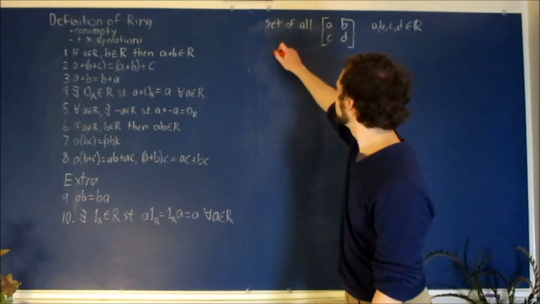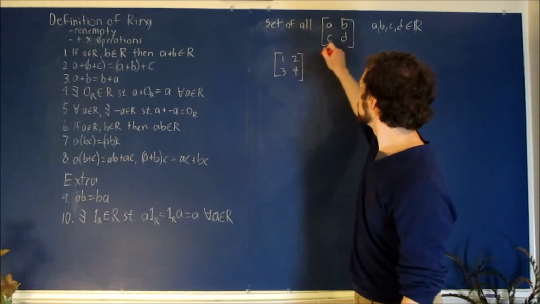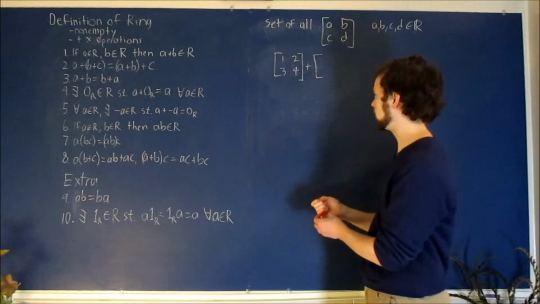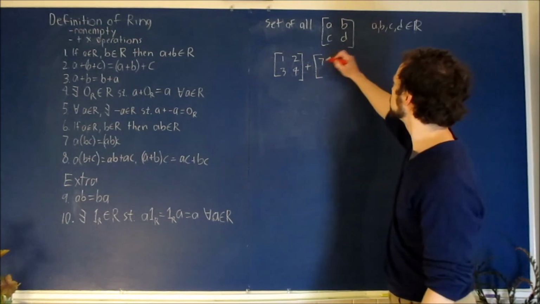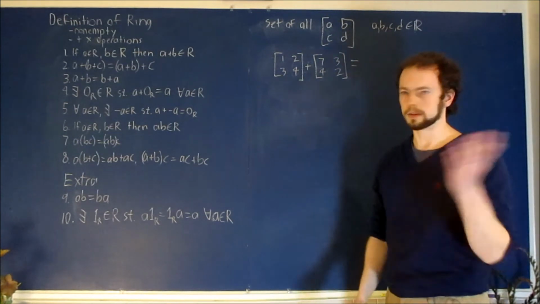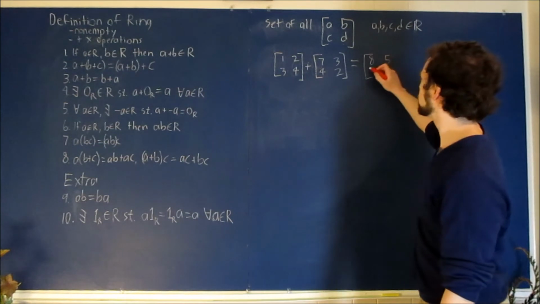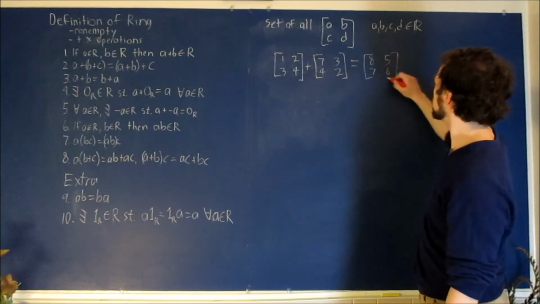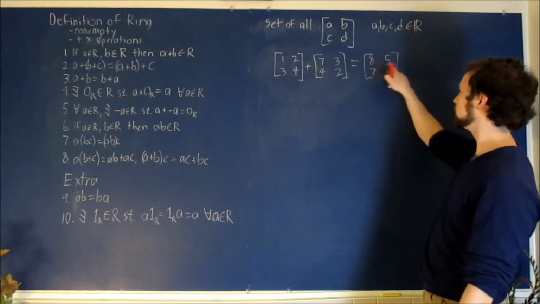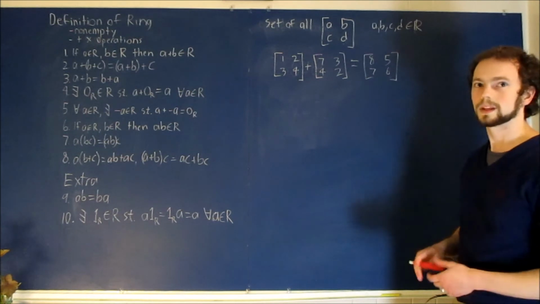So as an example, if I just make up two matrices really quickly here, this addition would look like this. It would be 8, 5, 7, 6. We get another 2 by 2 matrix where these are all real numbers. So everything works.